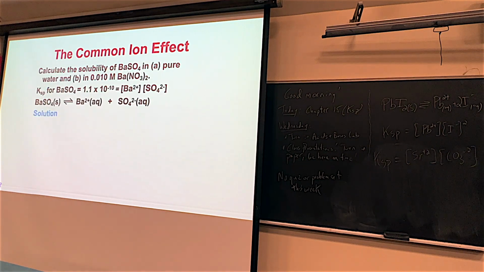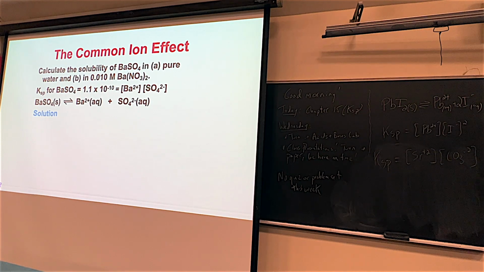Now, in this problem, barium sulfate is an insoluble barium compound. Most sulfates are aqueous, but there are a couple of them that are insoluble, and barium sulfate is one of them. So if you look up the KSP for barium sulfate, 1.1 times 10 to the minus 10.